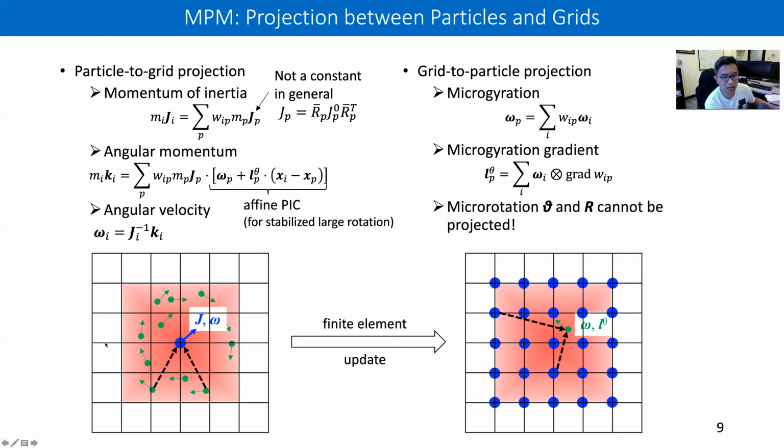In the material point, we have the moment of inertia and the microgyrations vector or pseudo vector, and then we need to compute the microgyrations gradient that is incorporated into the particle in cell mapping from the material point to the background mesh. So this is the new part.